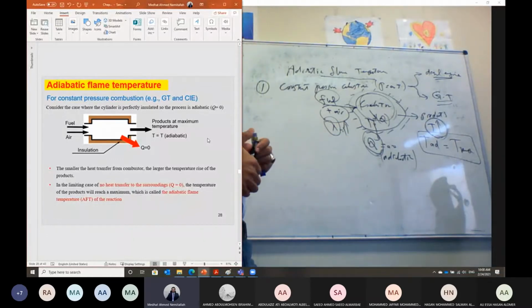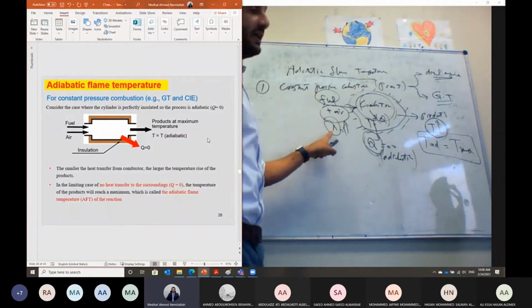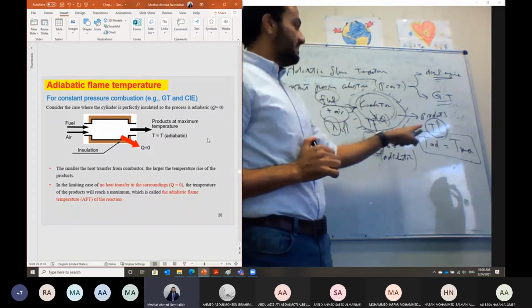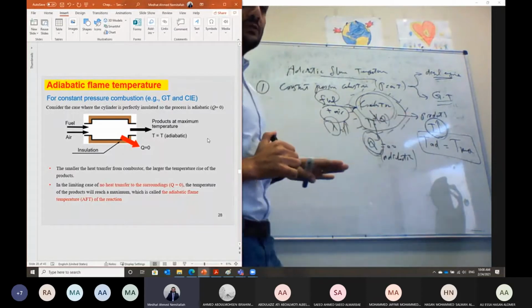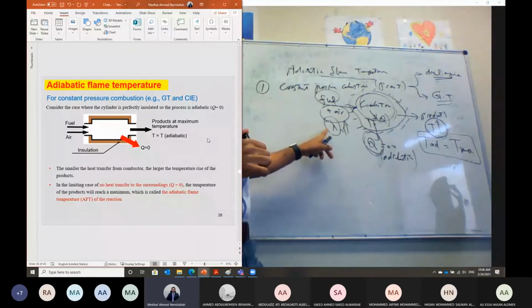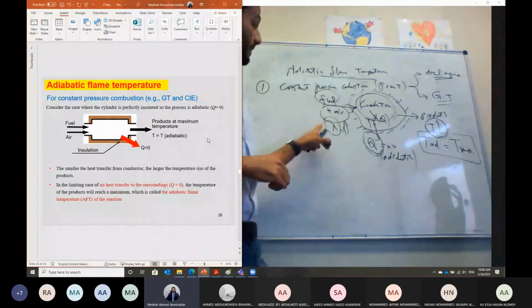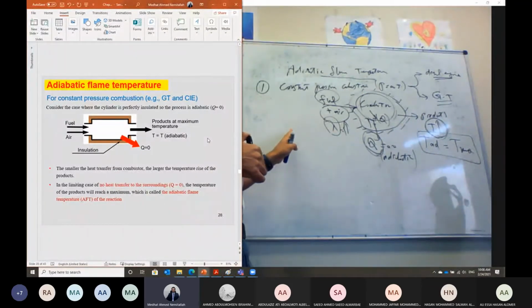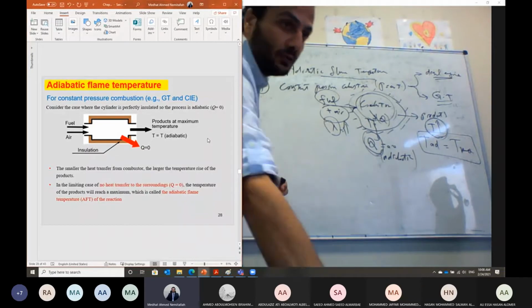Usually at stoichiometric combustion, we can get the maximum adiabatic flame temperature, okay? But this adiabatic flame temperature will be reduced if the excess air factor is much greater than 1 or much less than 1. If lambda is less than 1, that means we have incomplete combustion.